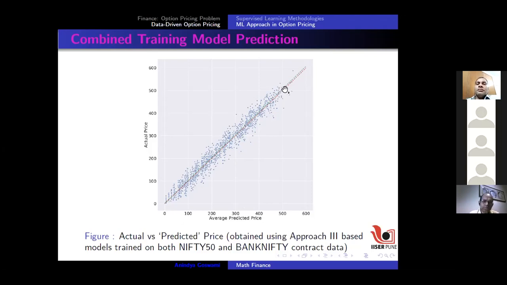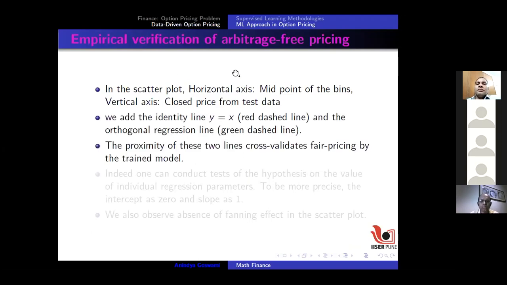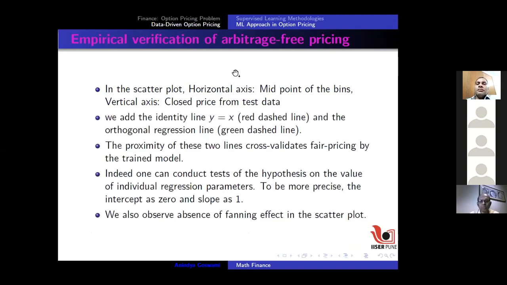The closeness of the two is a measure of the fairness of the price. One can test the hypothesis of whether it is fair or not by comparing the coefficients of these lines. That is a data-driven way, and we have proposed that this could be a way to address arbitrage pricing in this scenario.